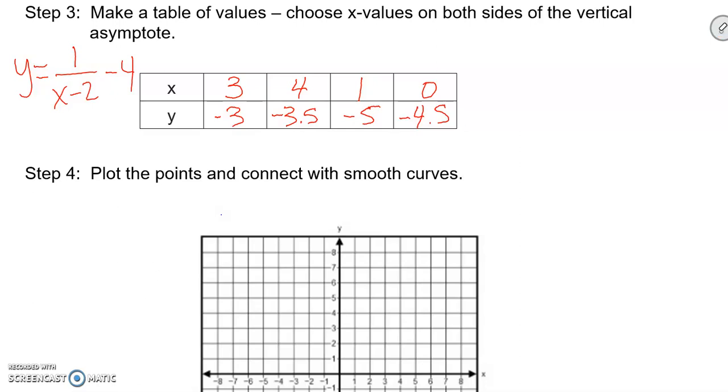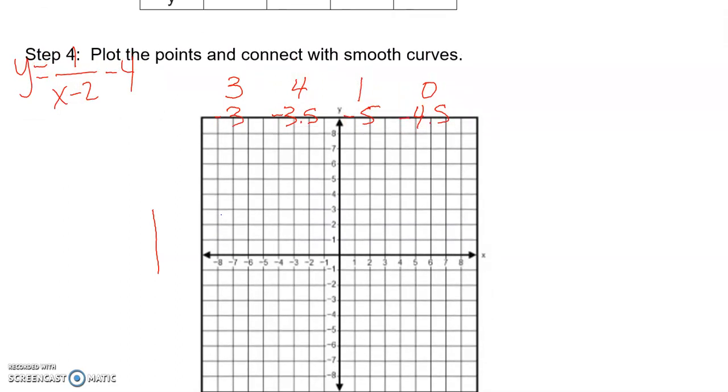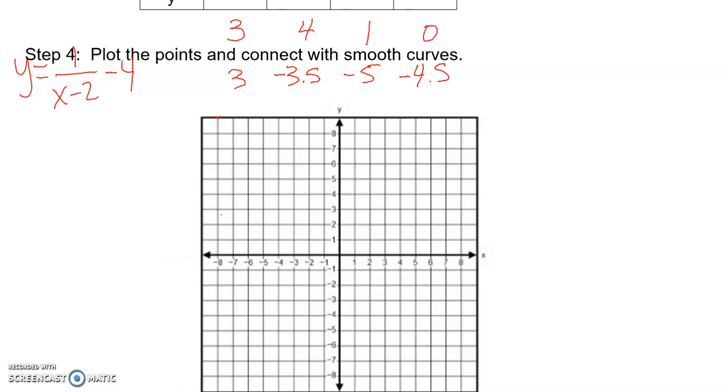Now I'm going to put them in our graph down here. So these are my values. Alright. So our asymptotes were at x equals 2. So I'll redraw that back in quickly, and y equals -4.